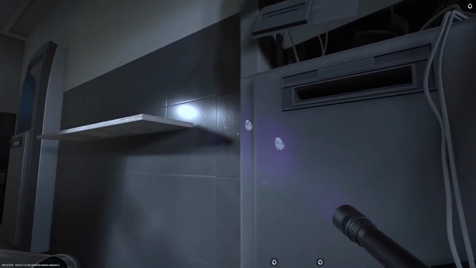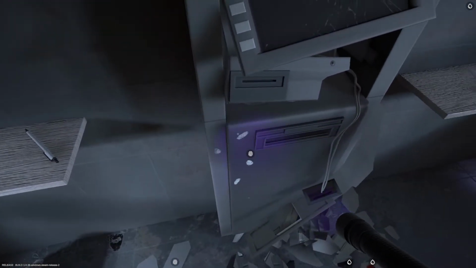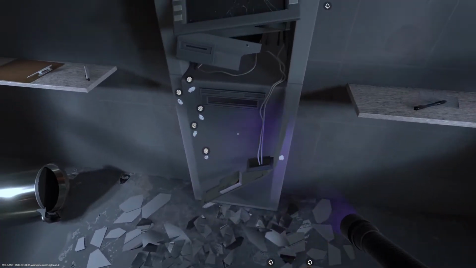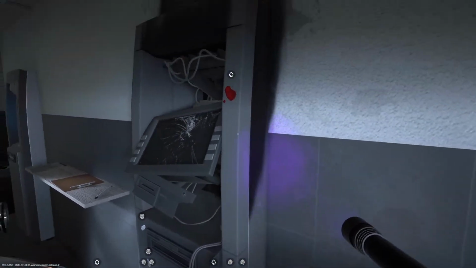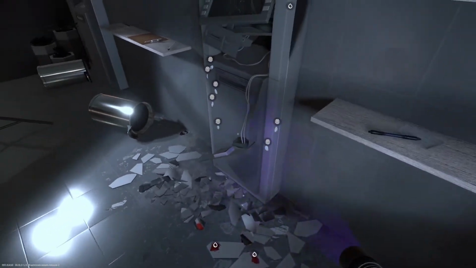A little bit of friendly fire. Alright, lots of fingerprints on there. Oh, yeah. Lots and lots of fingerprints. We got more right here. Oh, look at that. Yeah, so they were clearly touching it to try to get it out of there.